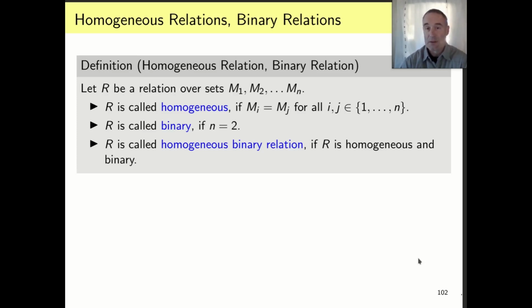So again, a homogeneous relation is just a relation where the arguments are all taken from the same set. So greater than, for example, is a homogeneous binary relation when you just give it the integers. One individual taken from the set of integers is greater than or not than another individual taken from the set of integers.